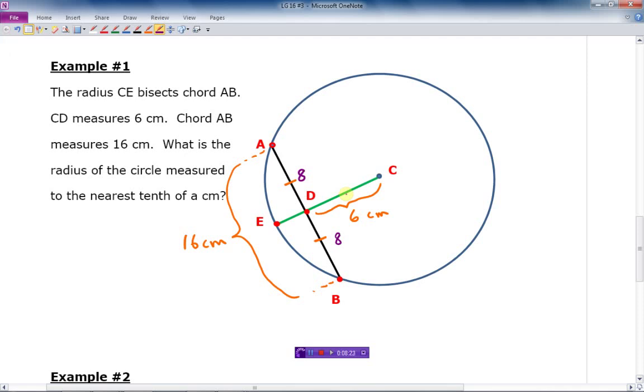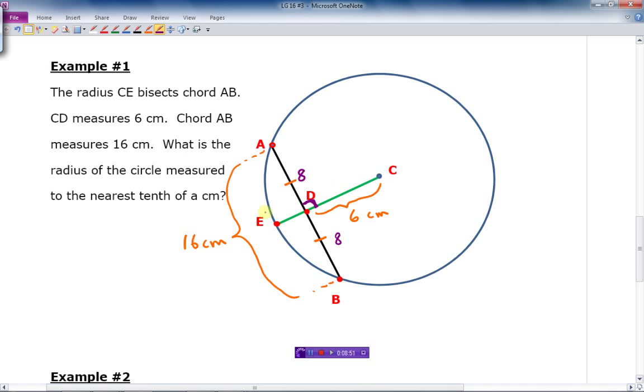Now the trick in this one is to draw a triangle, so we can use the triangle idea. Now, one thing before we forget here, what is EC? It's a radius, but it's also the perpendicular bisector of AB, because it goes through the center and divides it in half. Therefore, this angle is 90 degrees.